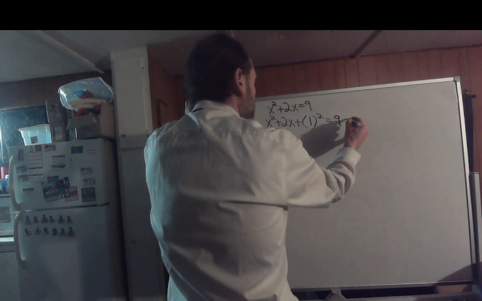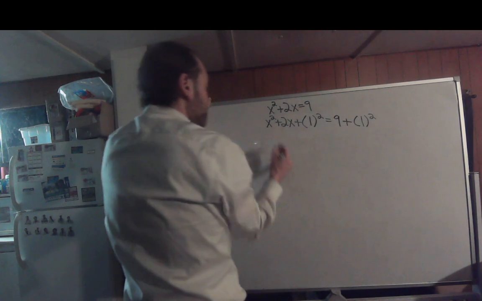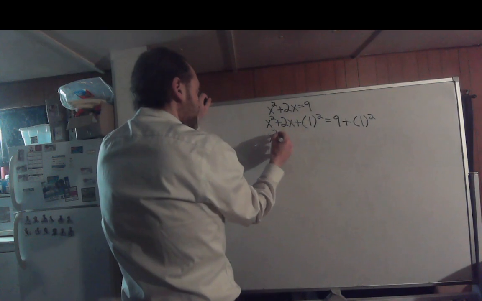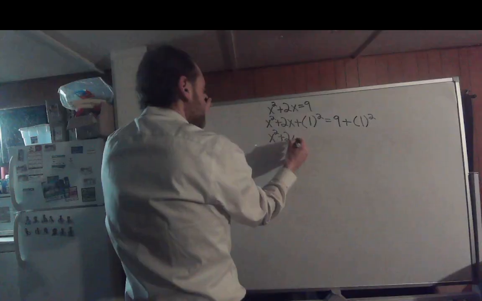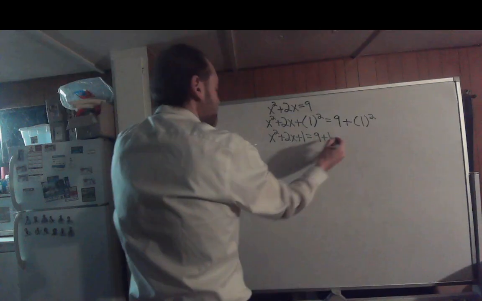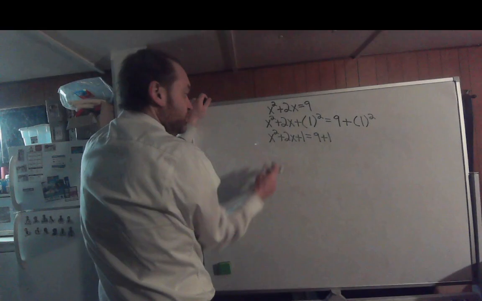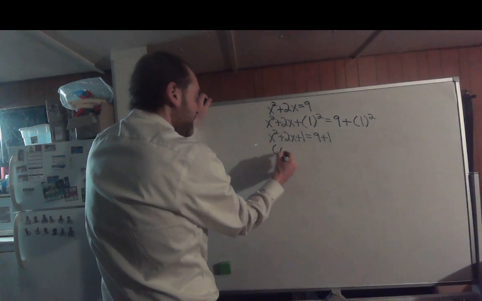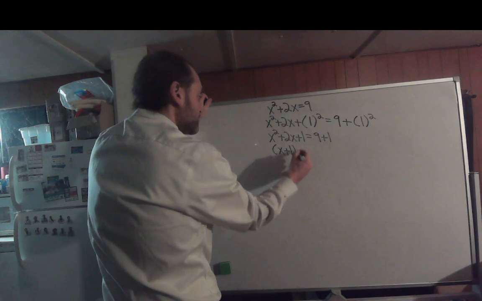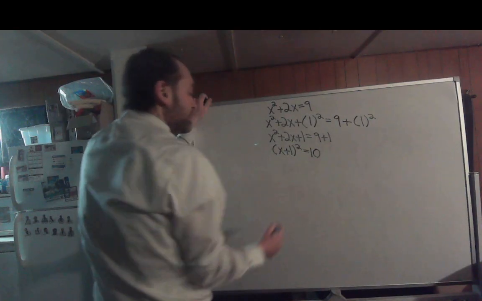You would get 9 plus 1 squared, which would end up giving you x squared plus 2x plus 1 equals 9 plus 1. Then the left side ends up a perfect square trinomial, which factors into the quantity x plus 1 squared, equal to 10 on the right-hand side.